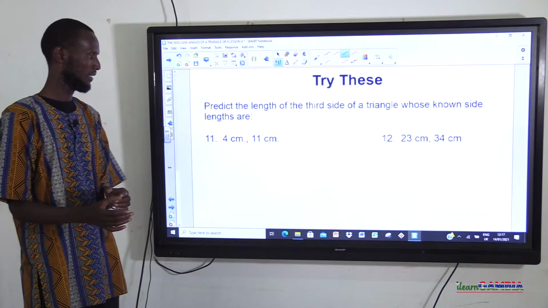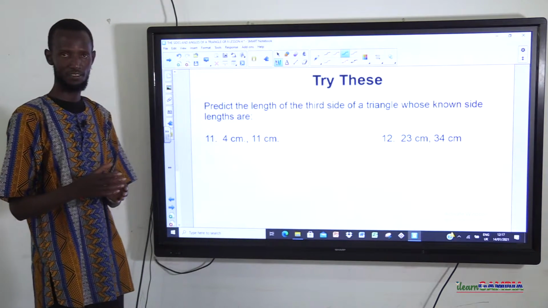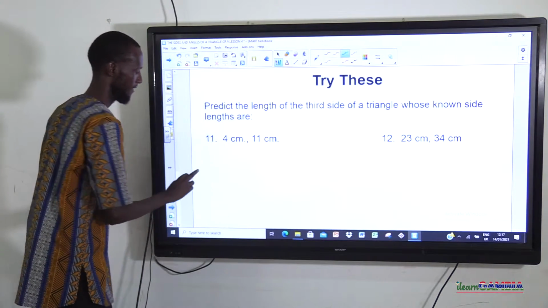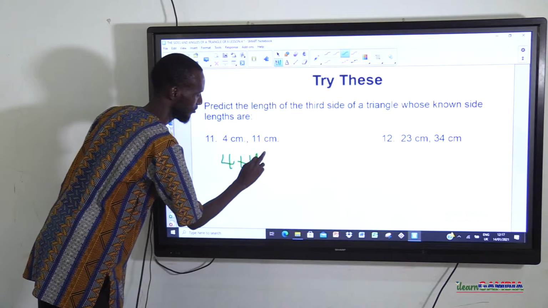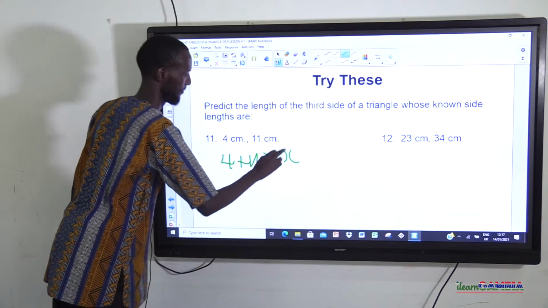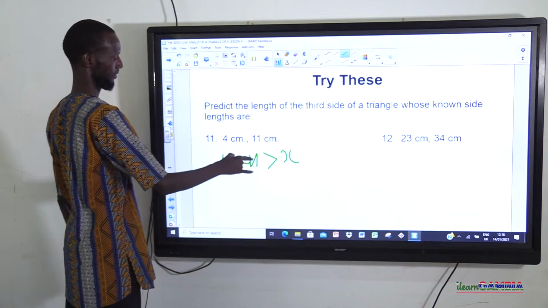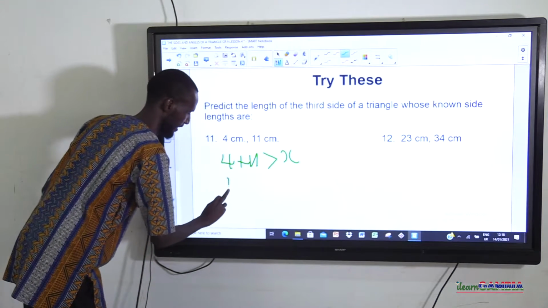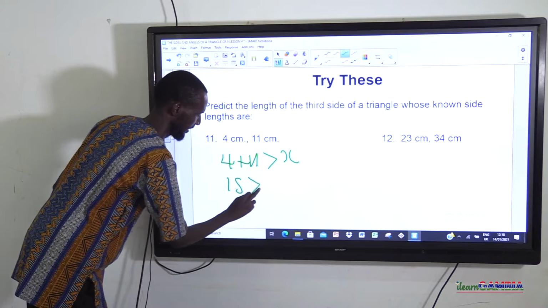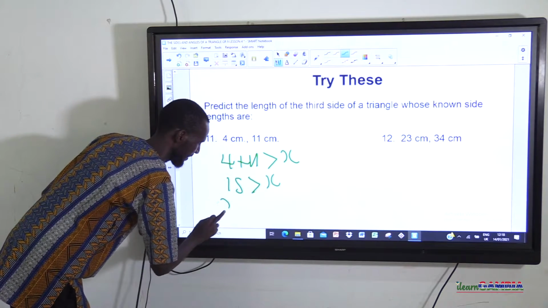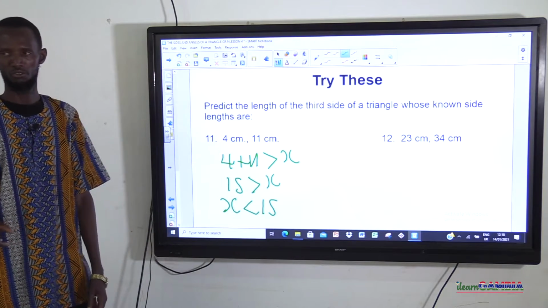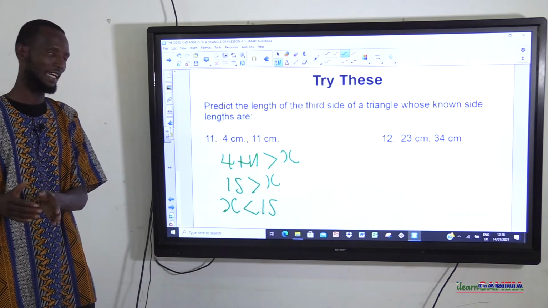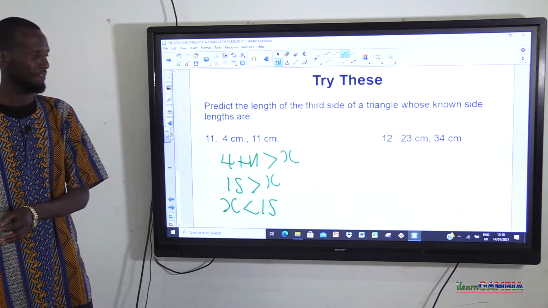So if the third side is x, then 4 plus 11 has to be greater than that x. 4 plus 11, which is 15, has to be greater than x, which means x has to be less than 15. That's one condition. Our third side has to be less than 15.